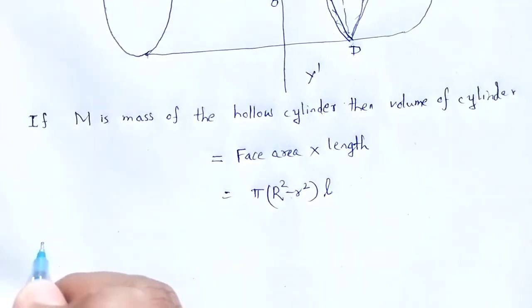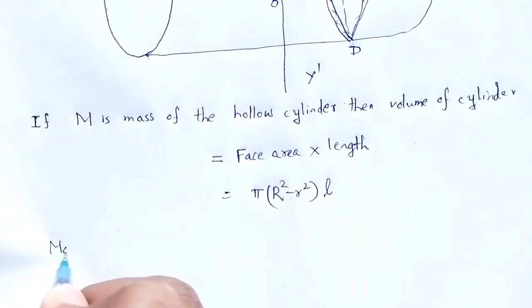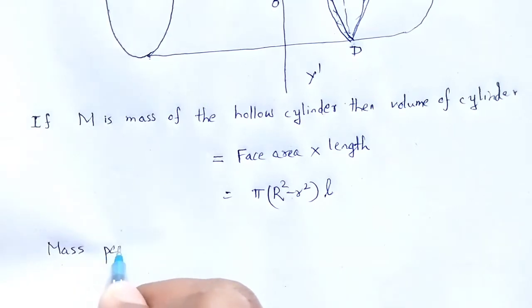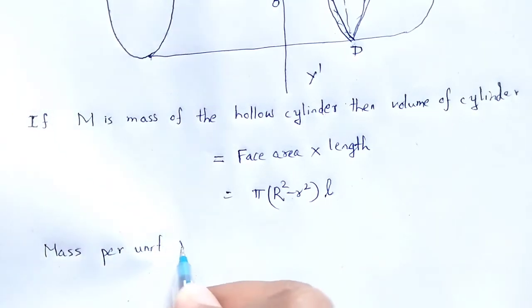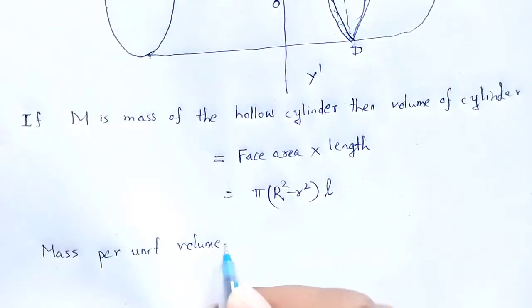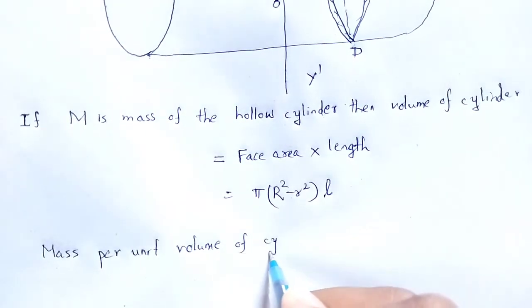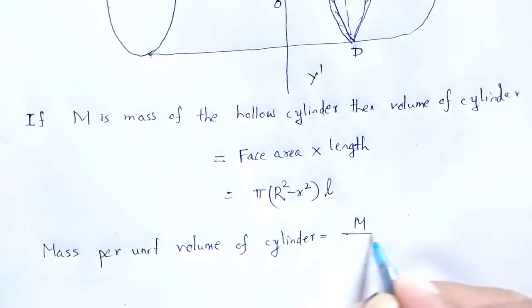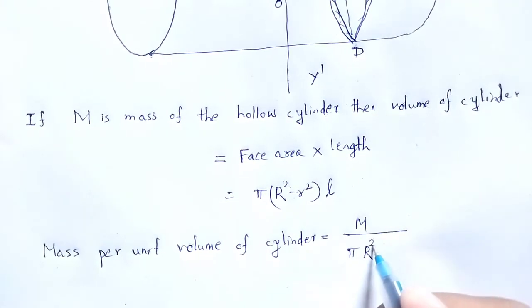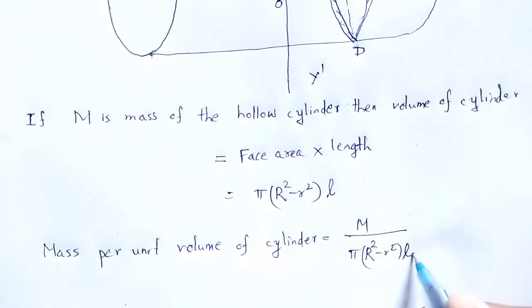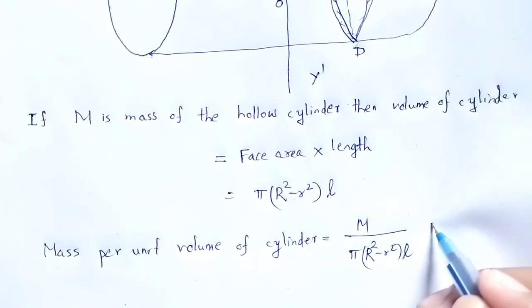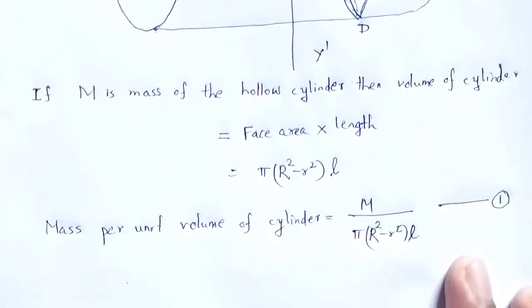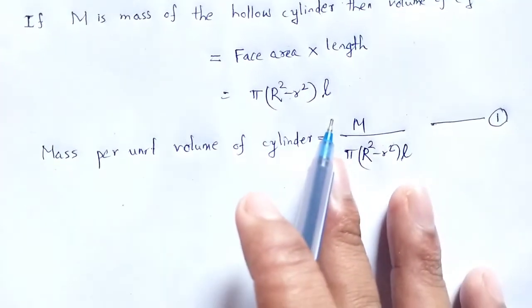Now we calculate mass per unit volume, that is the density, of the cylinder, which is equal to m divided by pi (R square minus r square) into L. Equation 1.